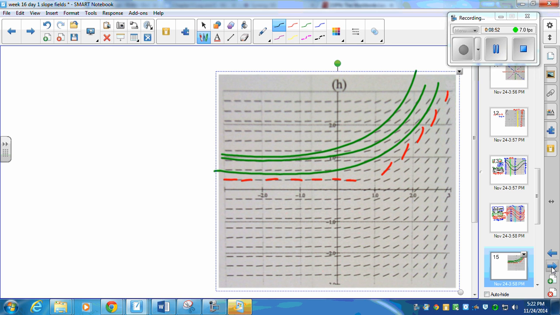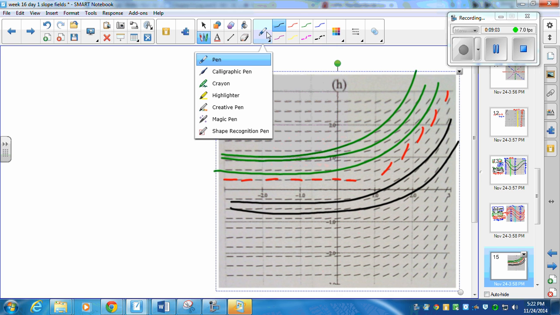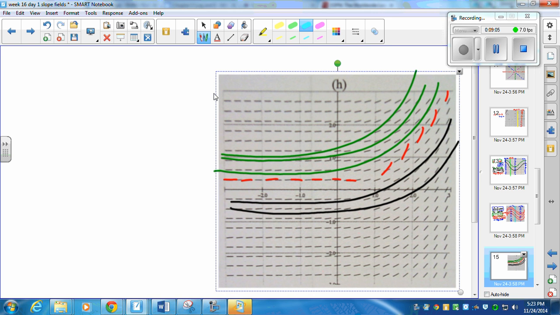Or if I choose one down low, it still ramps up, okay? Now, one thing to notice is vertically, everything is the same.